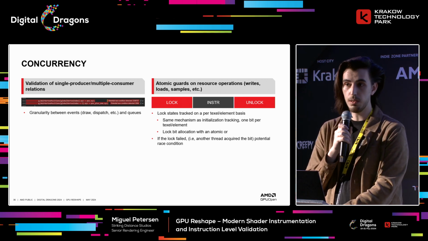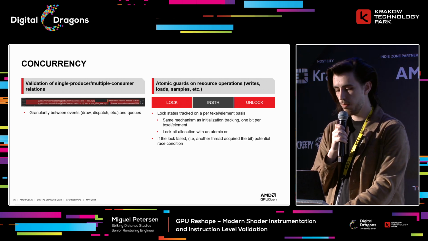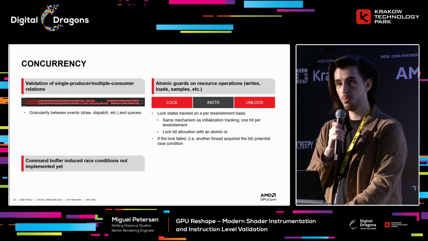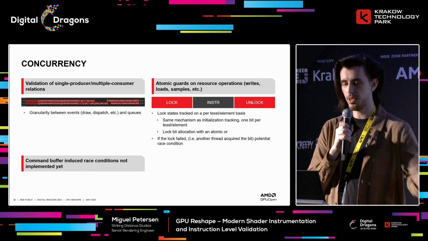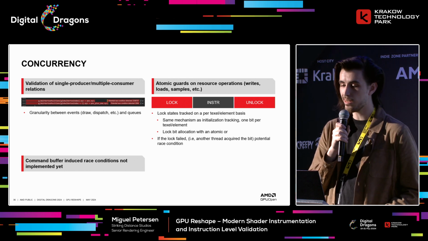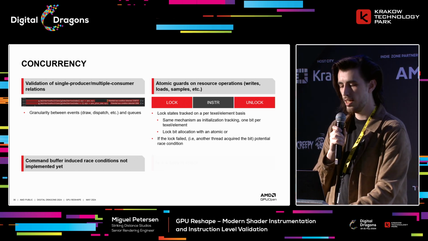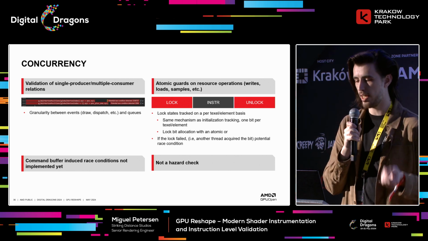If either the lock failed on writes or something has locked a particular range on reads, we've got a race condition. One important note is that today, race conditions between command buffer operations and shader operations, such as you clear a buffer and use it at the same time in a shader, are not detected. And additionally, it's important to note that this is not a hazard check. This is, as with all other features, reporting what is actually happening.